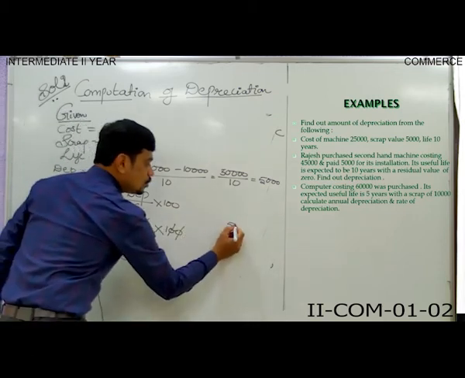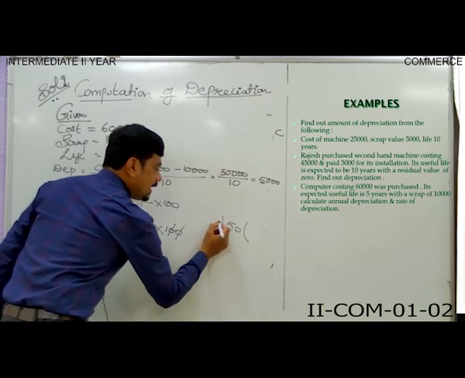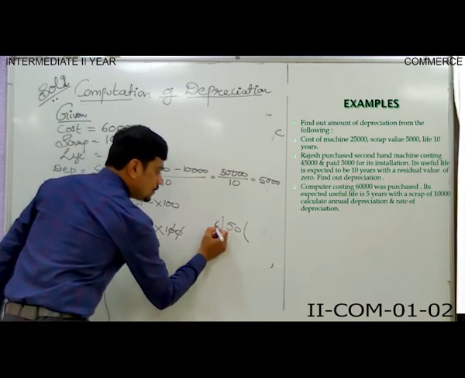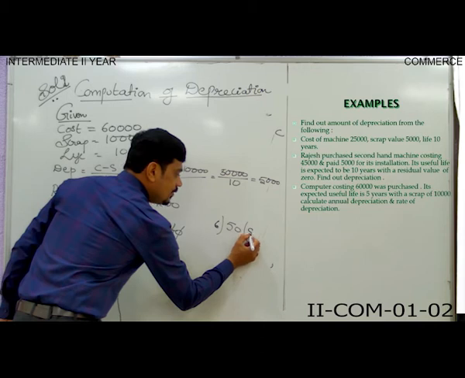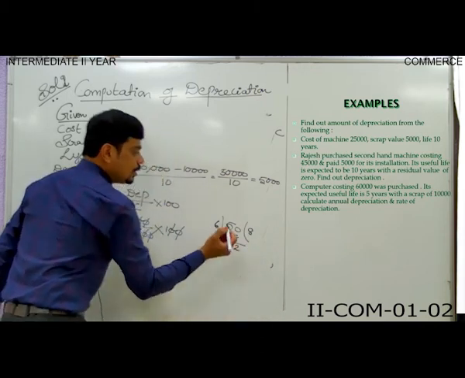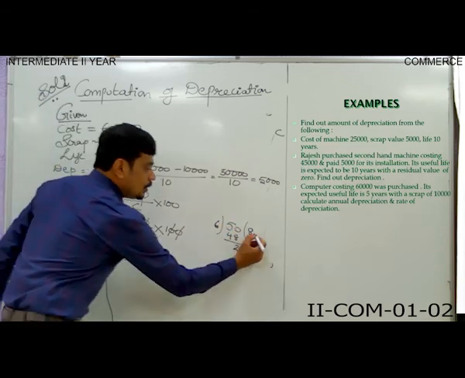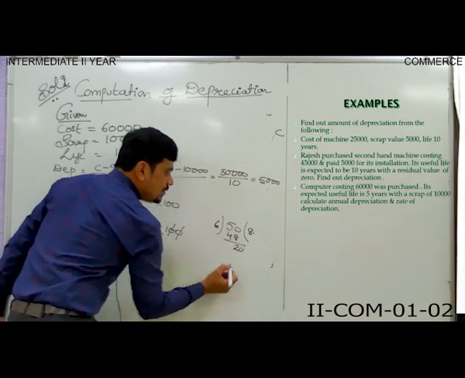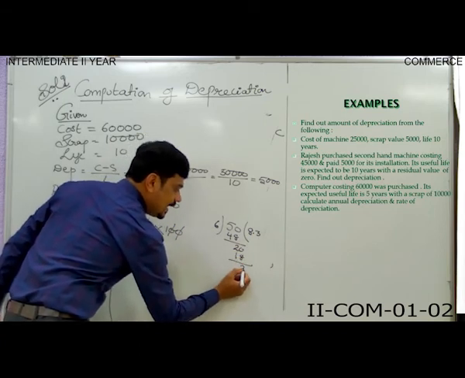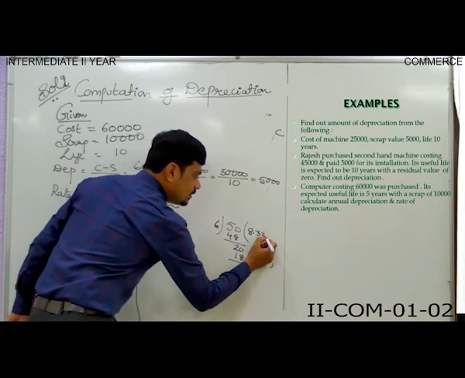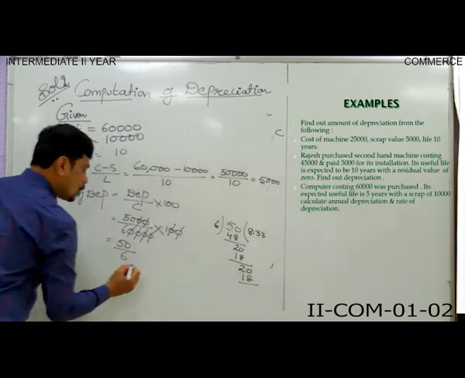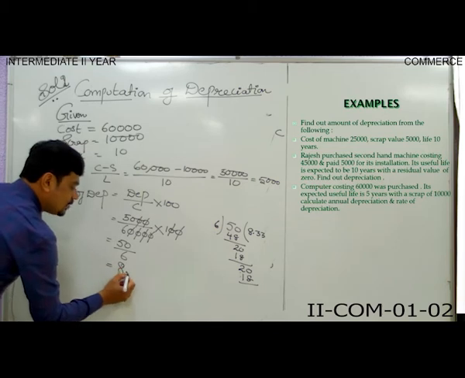Better, let us do the working on the side. 50 divided by 6. 6 8s are 48. So we are left with 2. We'll put a decimal here. 6 3s are 18. How much is left again? 2. Again 6 3s are 18. So it is recurring. We can stop here. What is the rate of depreciation?